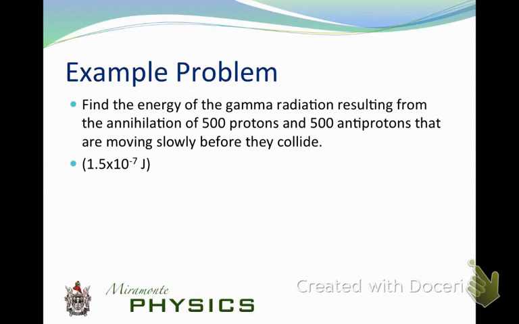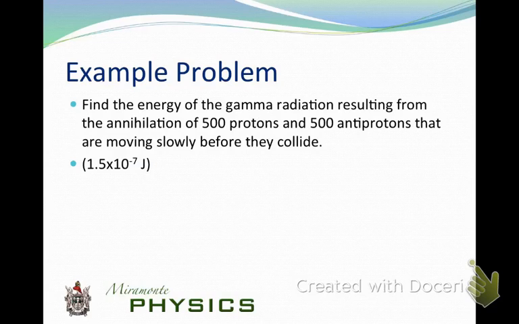So you'd say, well, energy equals mc squared. So what's the total energy? Well, what's the mass of the proton? I don't know. What is the mass of a proton? Formula sheet? Mass of a proton, 1.672 times 10 to the negative 27 kilograms.